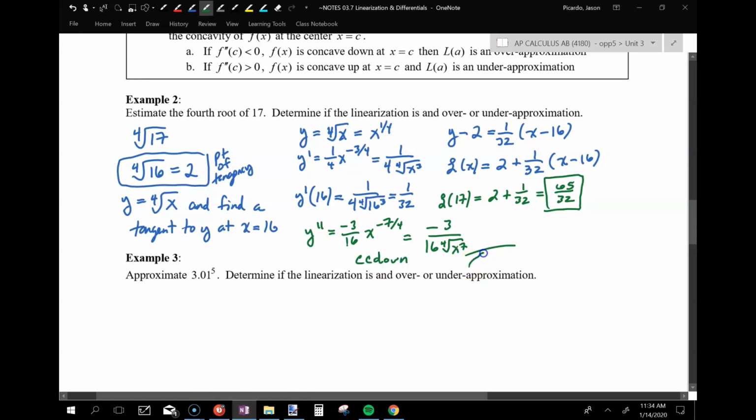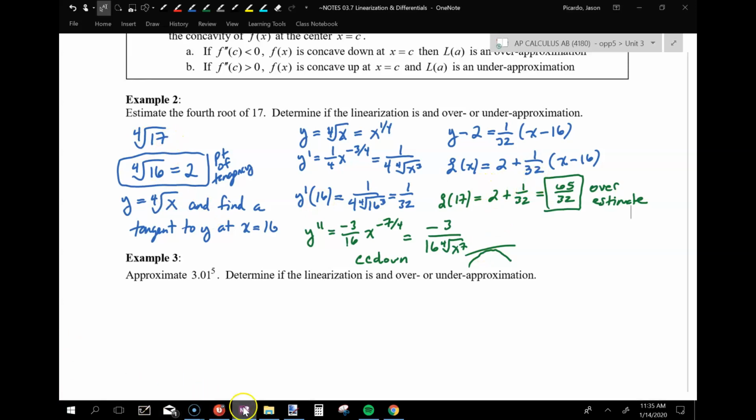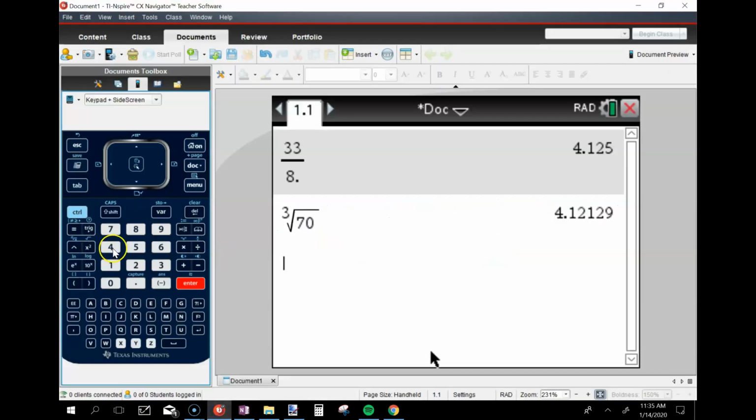So it looks like this, right? Which means that this was an overestimate. It was an overestimate. Want to see how much? 4th root of 17, and 65 over 32.